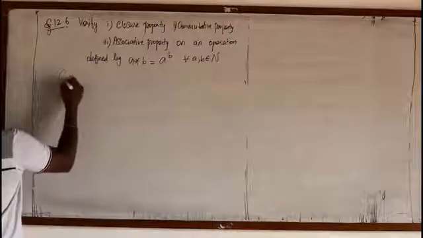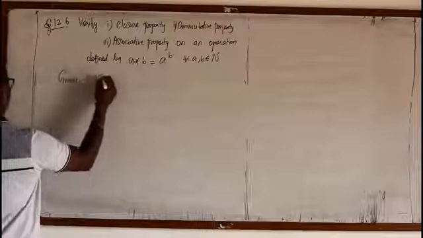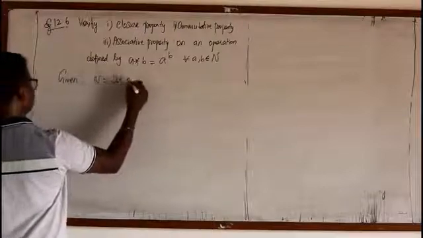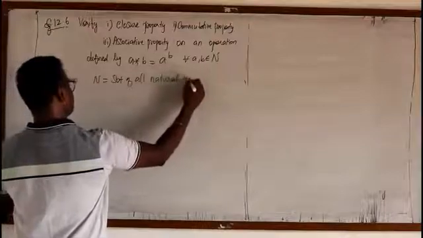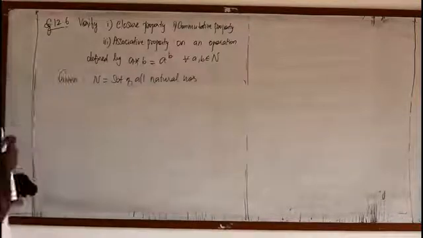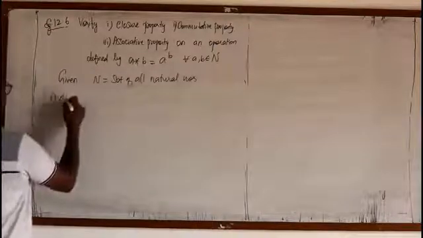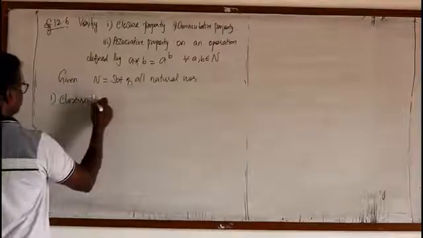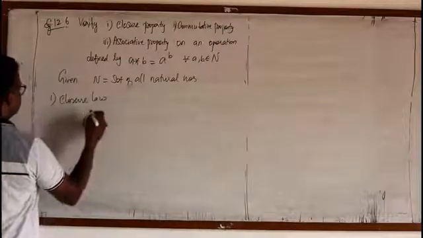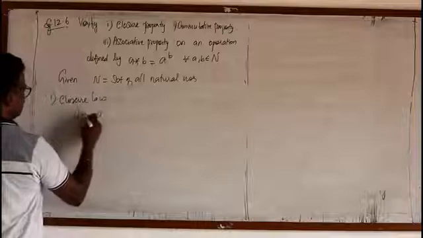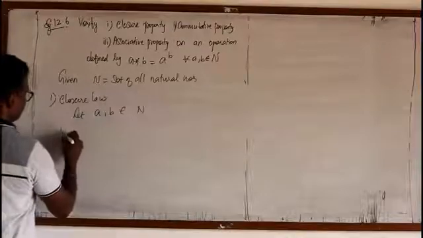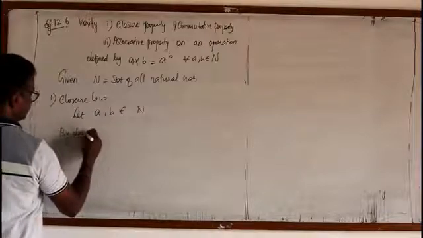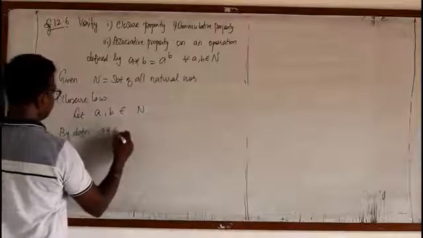Given N, the set of natural numbers. First law, closure law. Let A, B belong to N. By definition, A star B means what?